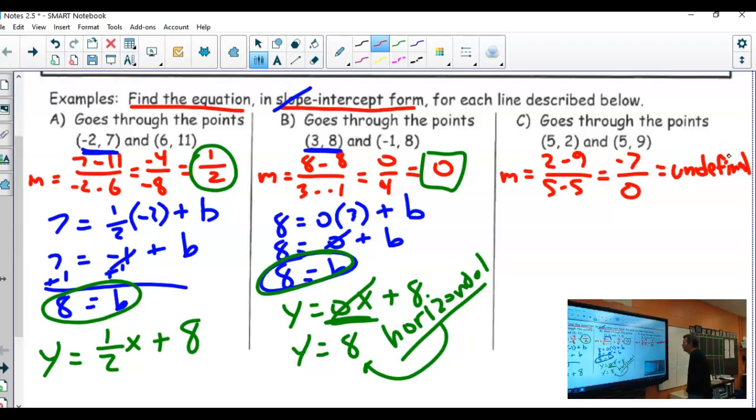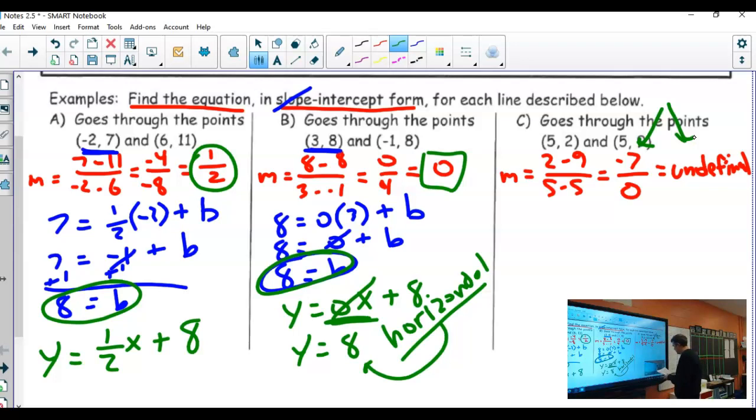So this is an issue. Anytime you divide by 0, it is undefined in math. When you divide by 0 mathematically, the answer is undefined. So you can't put 0 and you can't put there is no answer. It literally is the word undefined.